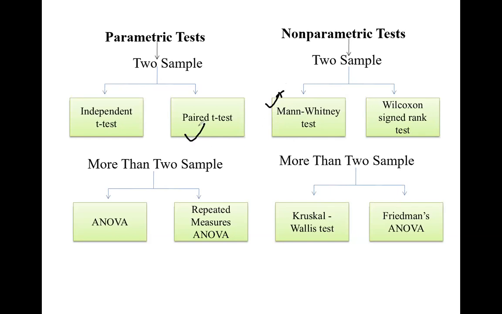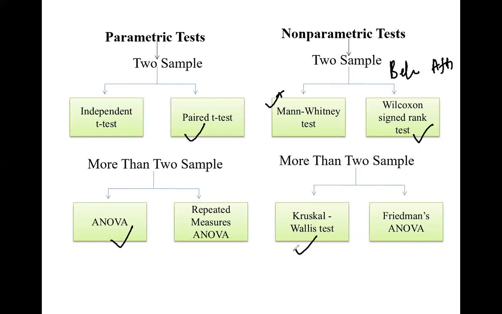The second is the paired t-test. If data is not normal, then what should we do? We go for the Wilcoxon signed rank test. This test is not doing anything new. It is just measuring the impact of before and after. It is the same as the paired t-test. The equivalent of ANOVA, a non-parametric test, is the Kruskal-Wallis test. Why am I using the Kruskal-Wallis test? Because my data was not normal, not homogeneous.